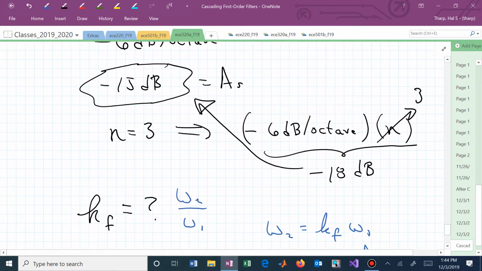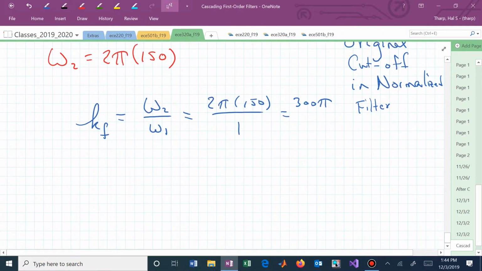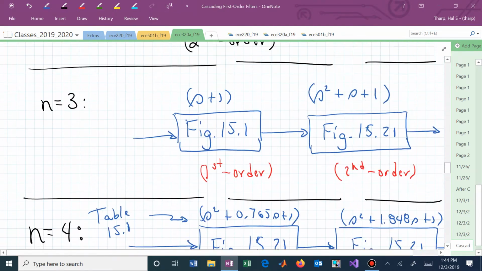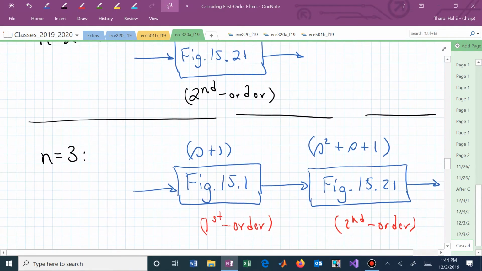We can now frequency scale our R's and C's, and we now know what our denominator polynomial is. We have one pole at -1 and the other poles at minus 1/2 plus and minus j square root of 3 over 2. That's where they are in the normalized case. We scale that up.